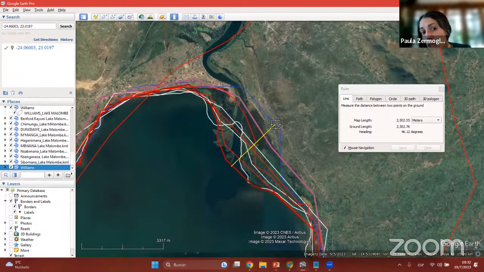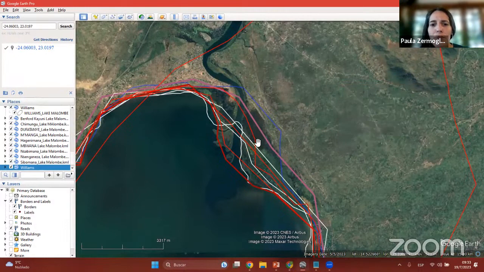But still, if you were working with other kinds of maps, or sometimes in Google Earth as well, the resolution that you can see is different, or sometimes there are clouds on the images. So in some locations, you may have more error than in others. You should try to calibrate that as well, if you see that there are factors impeding you from really seeing where the limits or the points should be. So I just wanted to show you this, and we can come back to discuss more about the polygons.